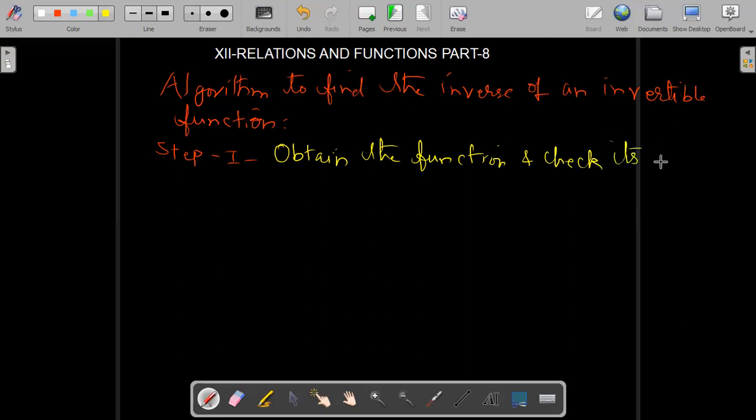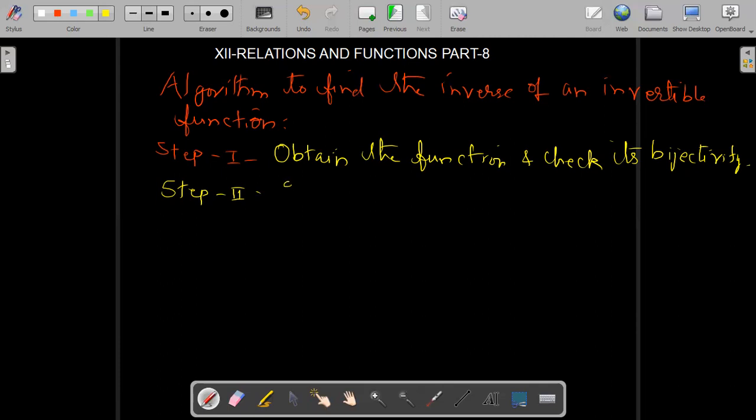That is, check its bijectivity. Bijective means 1-1 and onto. So if it is bijective, then only its inverse exists. Before finding the inverse, we have to check whether it is invertible or not, meaning 1-1 and onto. If f is a bijective function, then it is invertible, obviously.